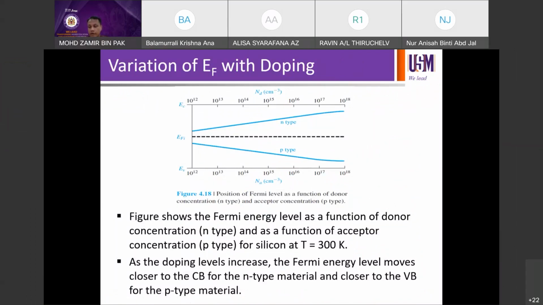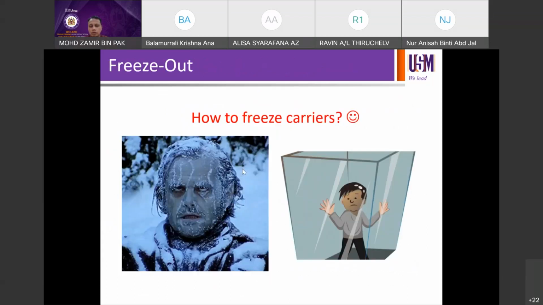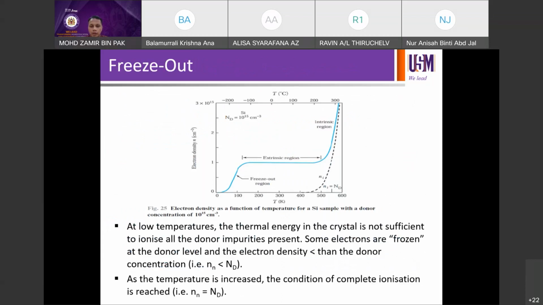So we have covered last week the variation of EF with doping, and then we've also discussed the variation of EF with temperature. So we learned about this curve where we discussed the freeze out region where the temperature is really, really low, starting from 0 Kelvin up to around 100 Kelvin.